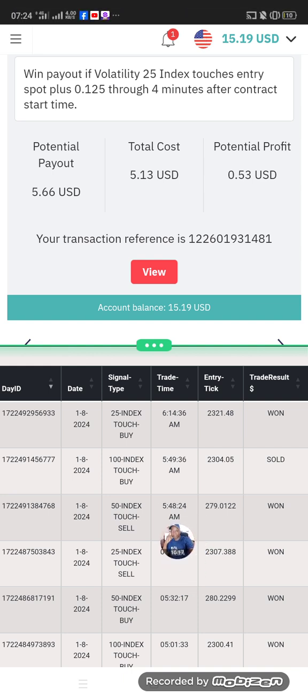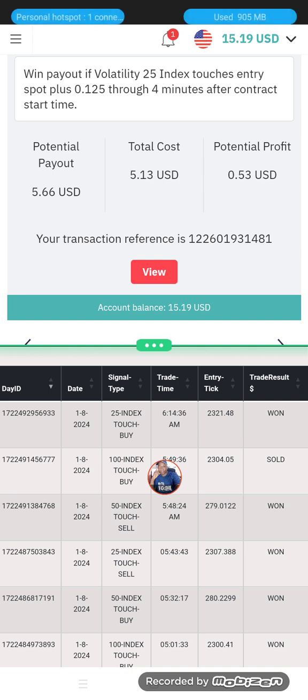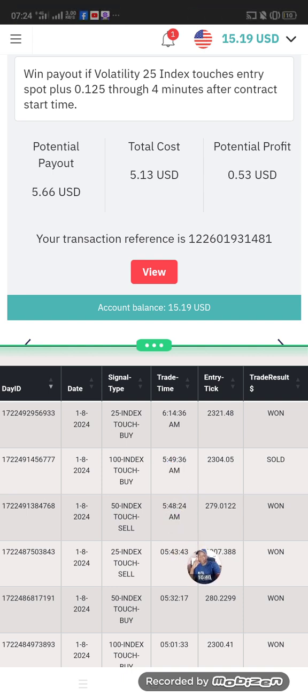Right now, I've done two trades, right? I did one on, I think, 100. I did one on 100 and I did another one, I'm not quite sure, but I think these are the two I did. But the two I did, I won them. So I don't know which one it is.